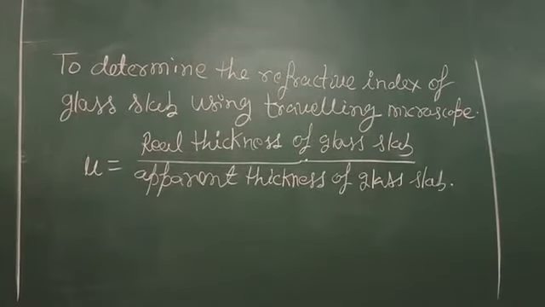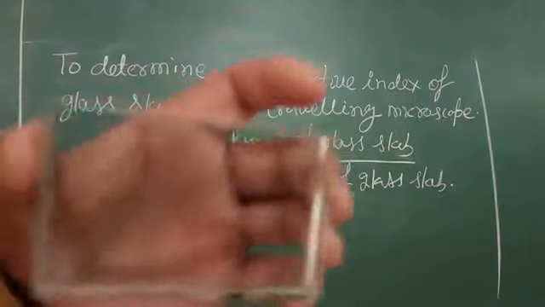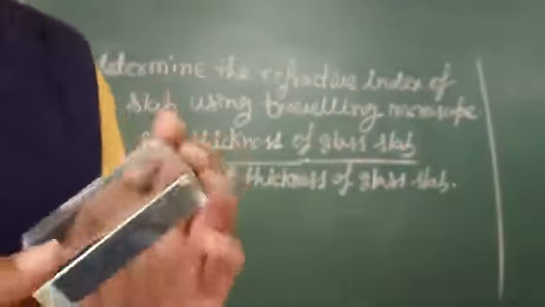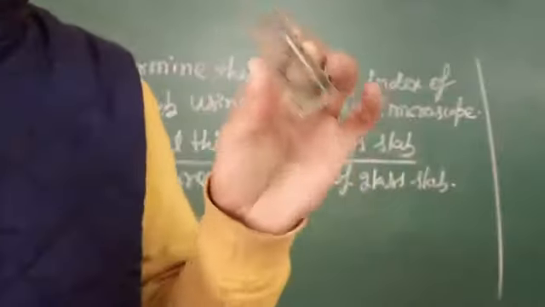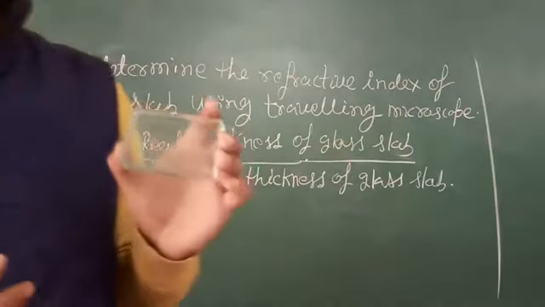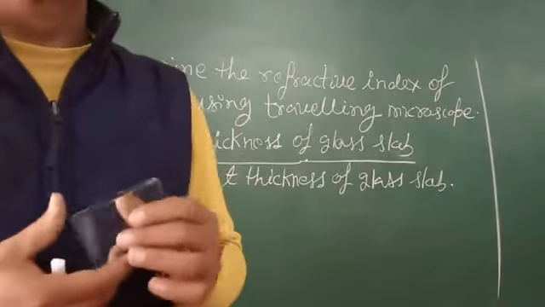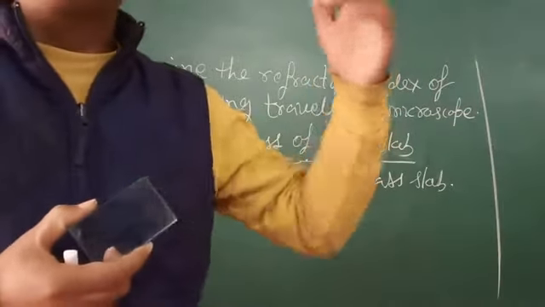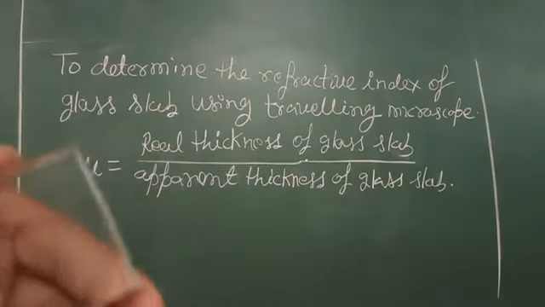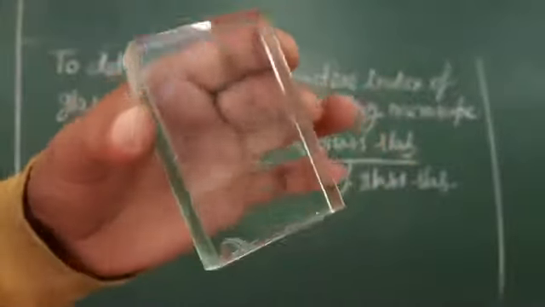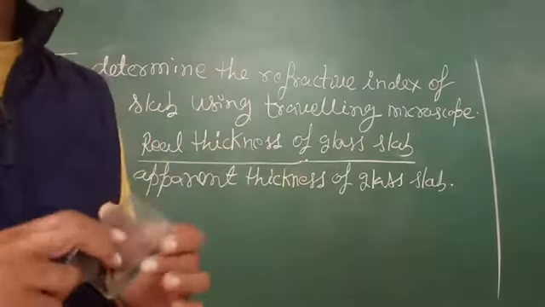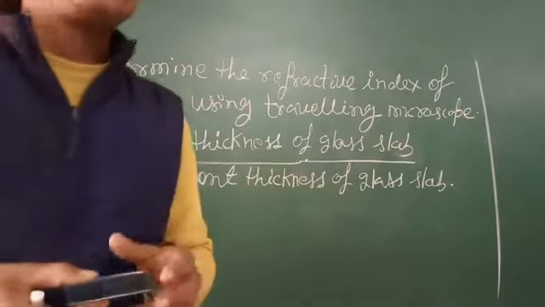So I have a glass slab. You are seeing this glass slab, and we have to find out its refractive index. Okay students, you know about the refraction of light. When a ray of light travels in one medium and enters the other medium, it bends and changes its path, and it also changes its speed.